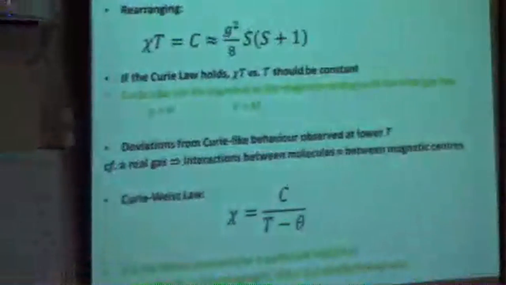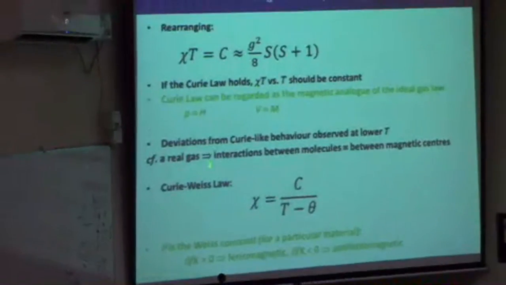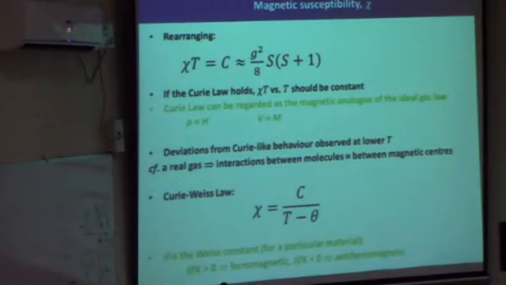So what we can do is take the Curie law and modify it in terms of something called the Curie-Weiss law, and what that does, if you like, is tweak the denominator in which susceptibility appears. Previously, we defined the material in terms of Curie constants.